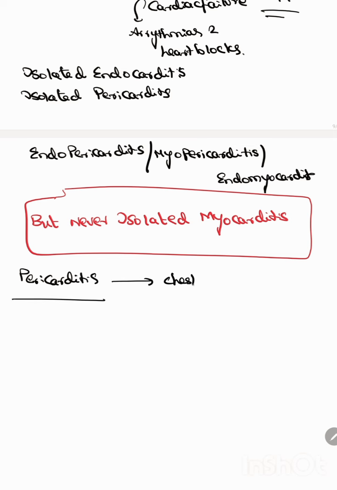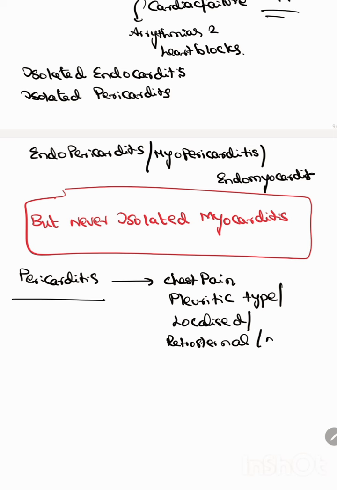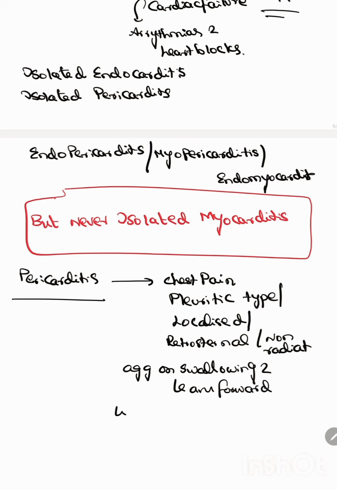Symptom wise, they will have chest pain, and this chest pain is classical, similar to that of pleuritic type, localized, but it will be retrosternal, non-radiating, aggravates on swallowing and leaning forward, and they will have a pericardial rub.